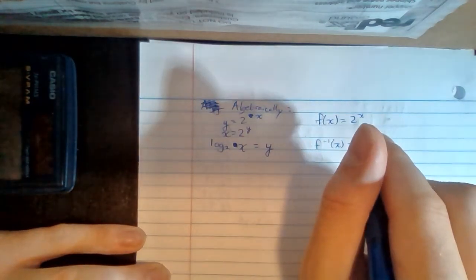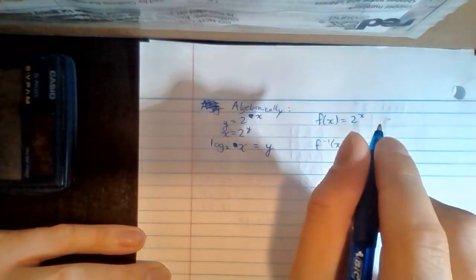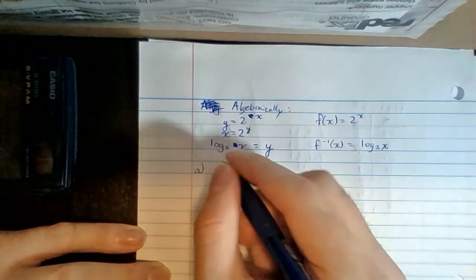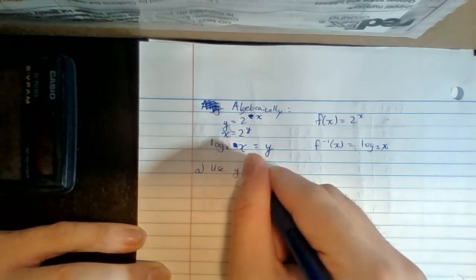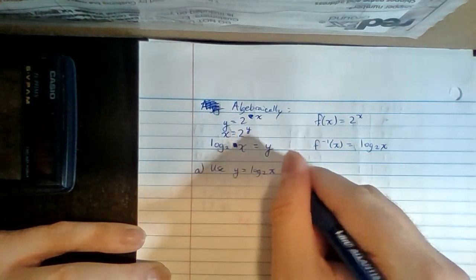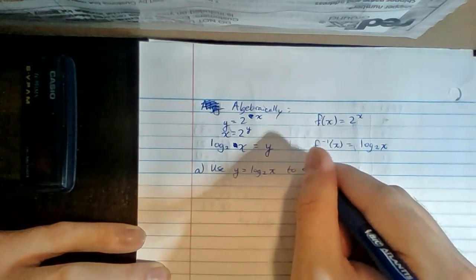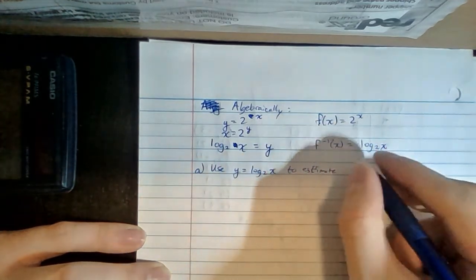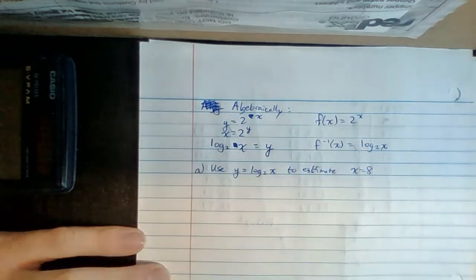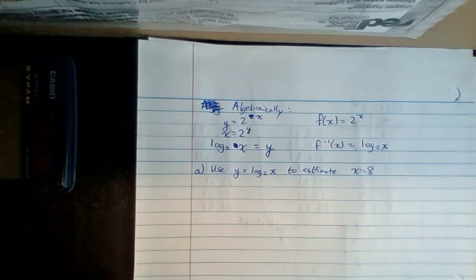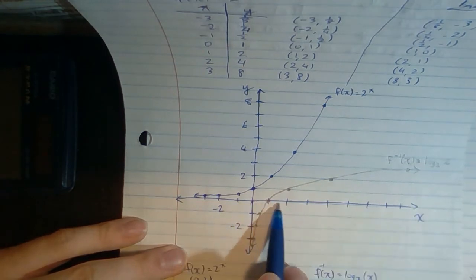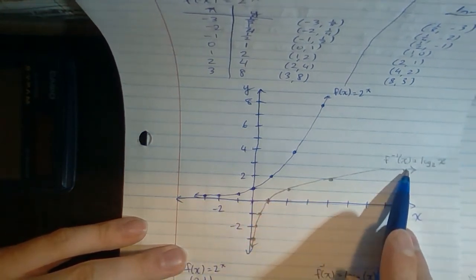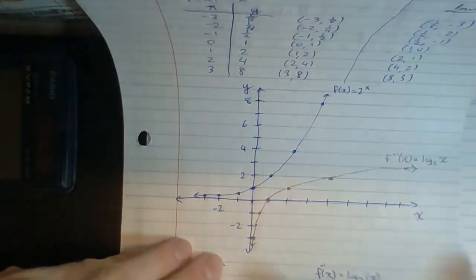And finally, use the graph to find or estimate. So we're using y equals log base 2 of x to estimate x equals 8. If we look back at the graph, on our logarithmic function at x equals 8, y was equal to 3.